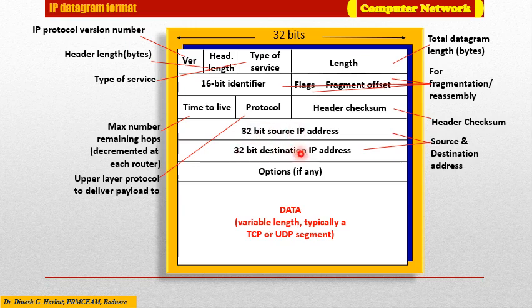The next fields are the source and destination IP addresses. These are both 32-bit addresses. When a source creates a datagram, it inserts its IP address into the source IP address field and inserts the address of the ultimate destination into the destination IP address field.